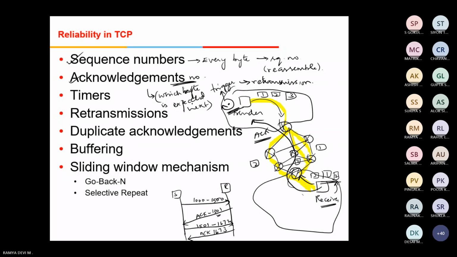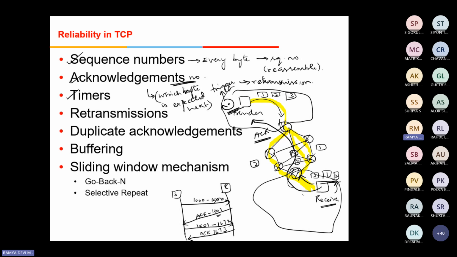Very good. So why is it 1673? It always informs the sender that I'm expecting this particular number. Whatever packets are being received before this number, I've received all of them, and I'm expecting 1673. So this ensures the sender knows which data has been successfully received.